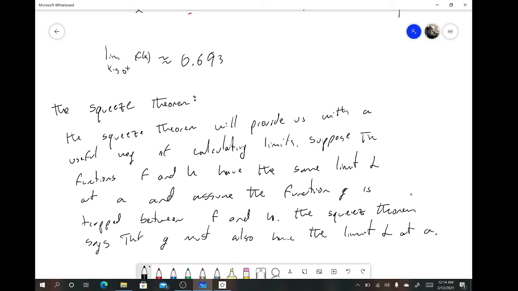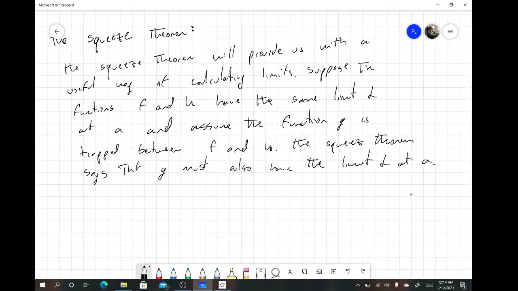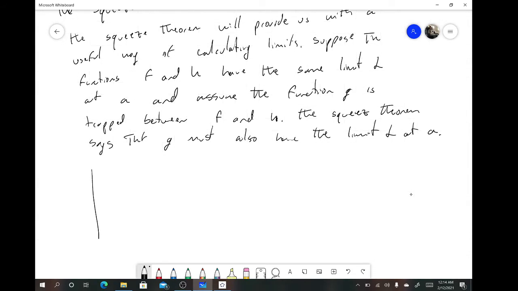So let me just draw you a quick image of what this looks like for the squeeze theorem. Let's say we have three functions. One of them looks like this, and let's say the other one looks like this, and let's say our third function kind of looks like this.